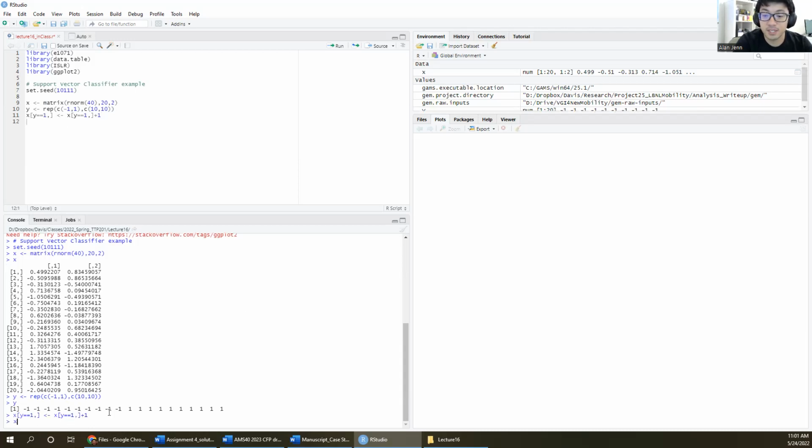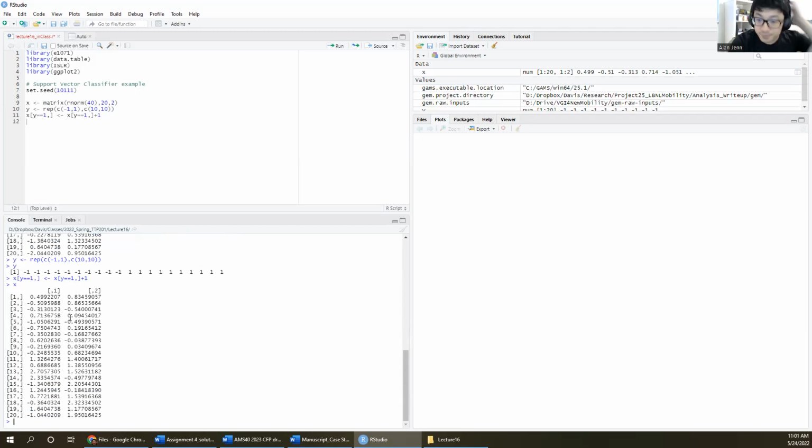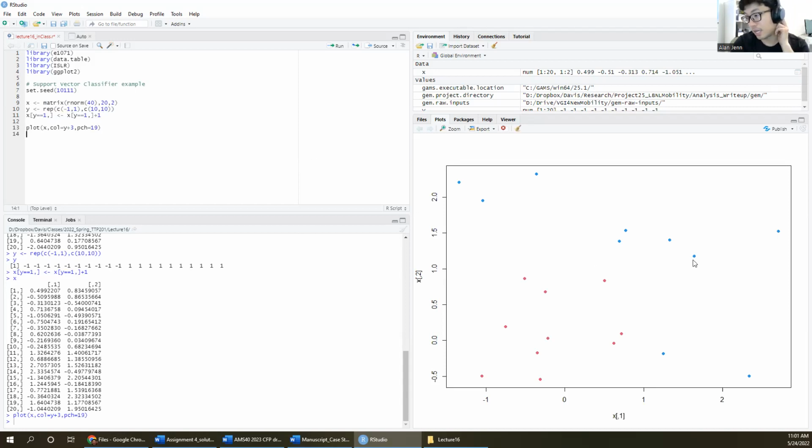I've done some assignment here, and we should see what this looks like. Plot of x, color equals y plus 3. Okay, so I have some points here, similar to our example, right? And we have blue and red points that look something like this.